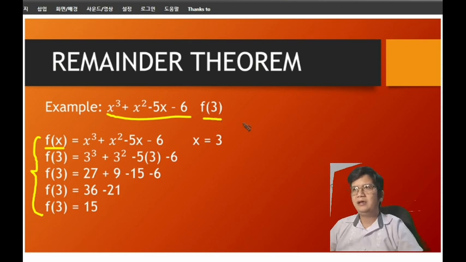Ibig sabihin lang kung ito ay division na long method or synthetic division, ang ating divisor niyan ay x minus 3. Okay? So let us proceed to the solutions. Isusulat lang natin ang f of x and then yung ating dividend na given. Of course, the value of x is there. X is equal to 3.